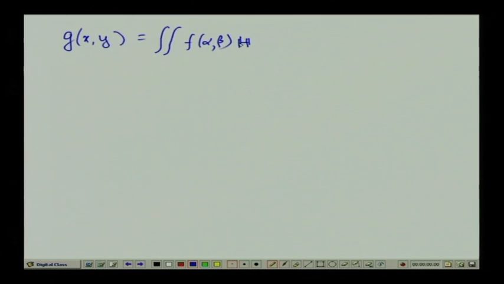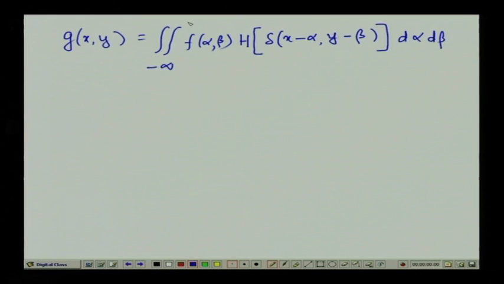So, this simply becomes f(alpha, beta) then h[delta(x minus alpha, y minus beta)] d alpha d beta, taking the integral over minus infinity to infinity.